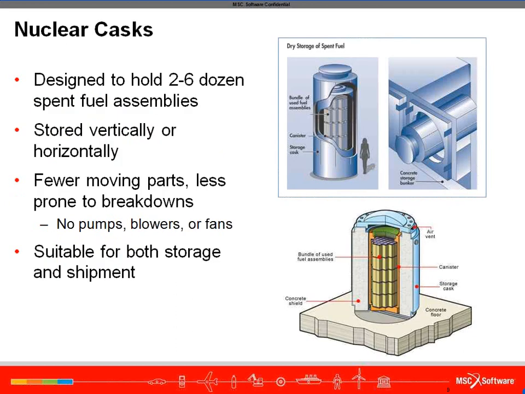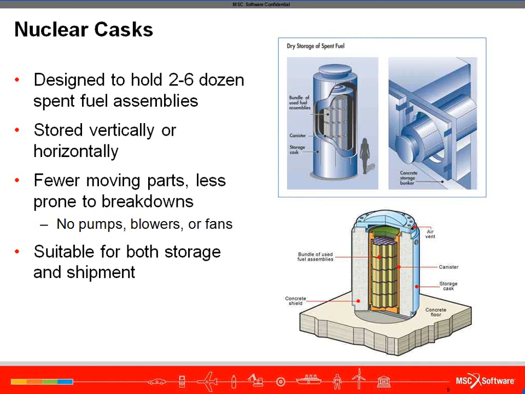So here are some images showing a typical cask storage. The casks that are used for dry storage come in several different configurations, but all have the same basic set of components. One, an internal fuel assembly that holds the spent fuel, a canister that contains the fuel assembly, and a cask or outer container with an opening-closing capability to allow loading of the fuel assemblies.